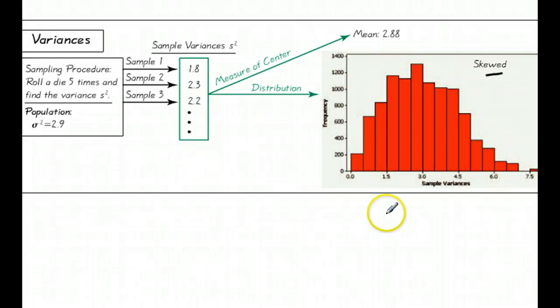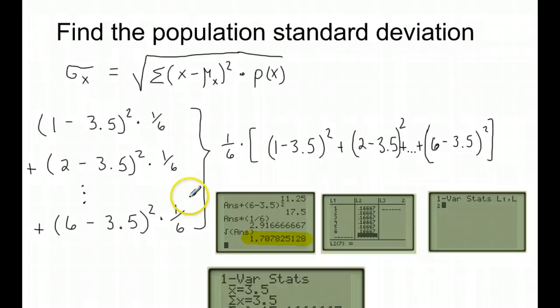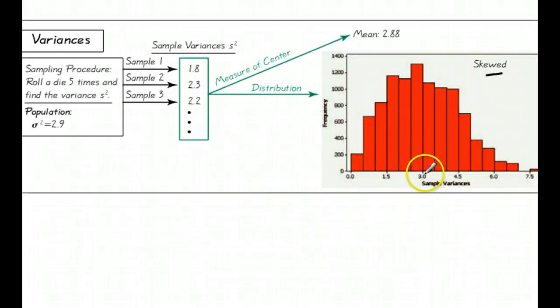Our population variance was again 1.707, 1.708 roughly. And if you look, there's 1.5, there's 3, and 1.7 is roughly right around in here.